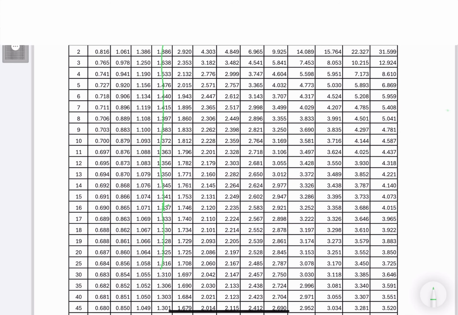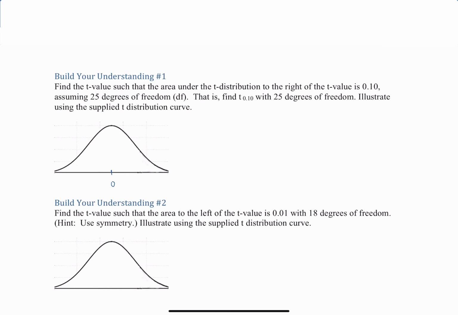So going down to the row with 25 degrees of freedom, we go across and we see that we have 1.316. So our t-value is 1.316.